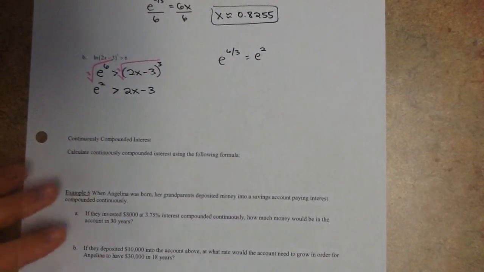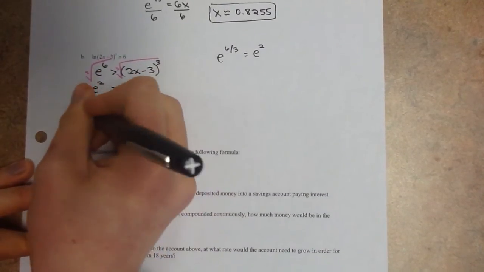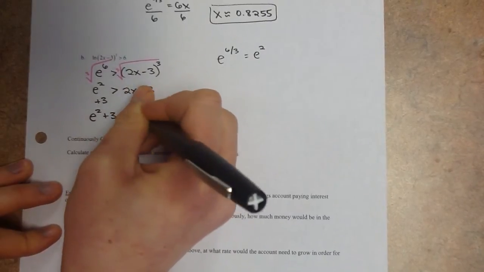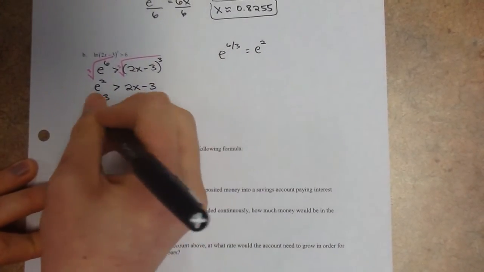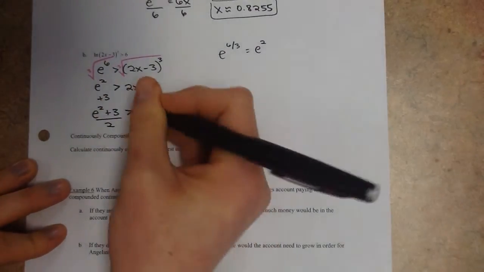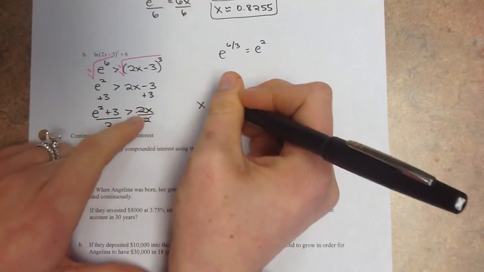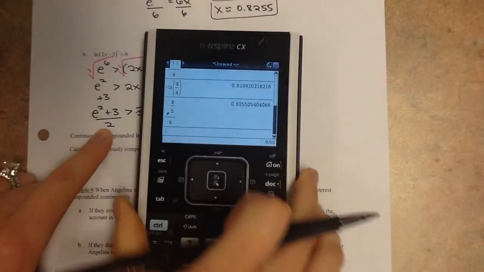Okay, now just a couple more algebra moves. I am going to add the 3 to both sides. So I have e squared plus 3, whatever that is, and I'll use my calculator in just a moment. And then finally, to get the x by itself, we're going to divide both sides by 2. Okay, so these are going to cancel out. Now I'm going to write it in reverse order. I'm going to write x is less than this. I'm going to plug this into my calculator.